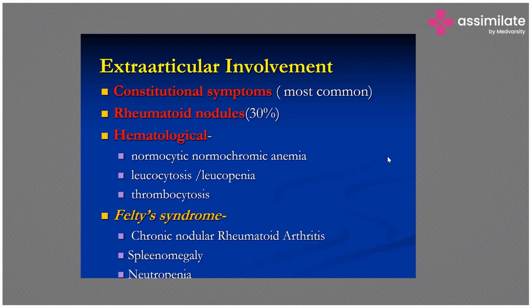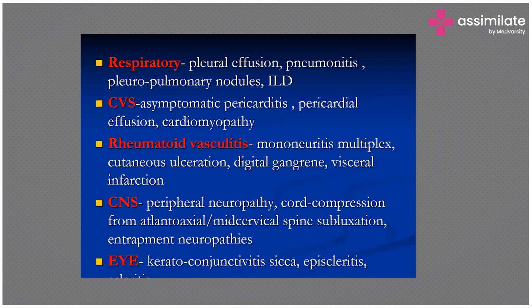Next, the respiratory system, as I told, pleural effusion can happen, pneumonitis, pleuropulmonary nodules, ILD. CVS: asymptomatic pericarditis, pericardial effusion, cardiomyopathies also, rheumatoid vasculitis. So what is vasculitis? Come on. Vasculitis, quick definition.